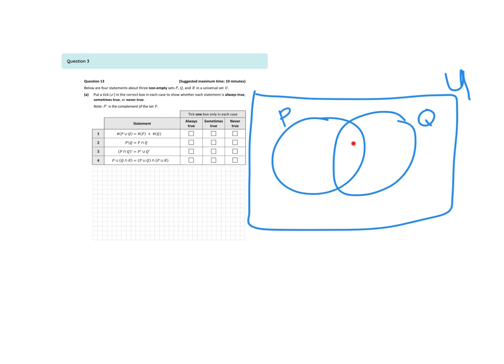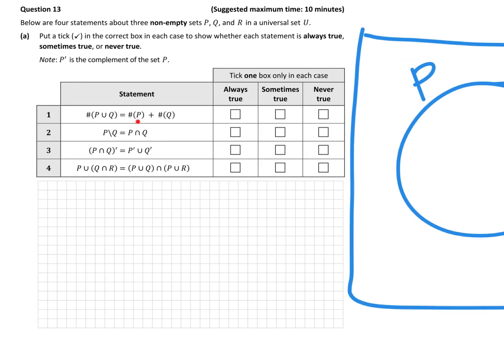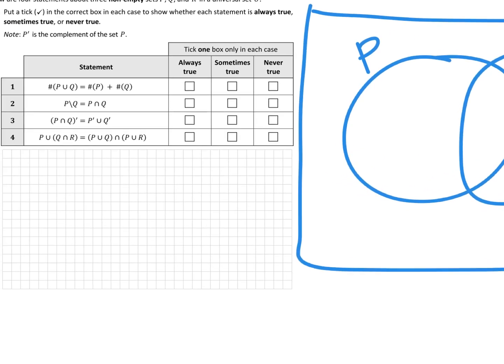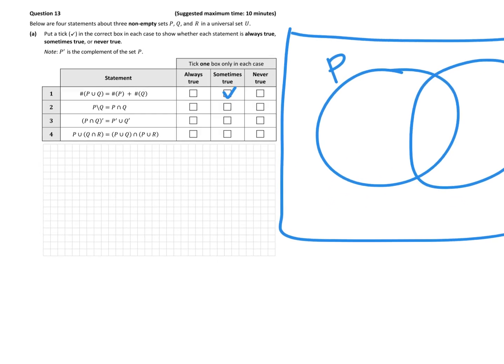So something in the intersection will get counted twice on this side, whereas for the cardinal number of P union Q, the intersection would only be counted once. So if the intersection was empty, it would be true. If it wasn't, it wouldn't be true. So I'm going to say sometimes true for this.